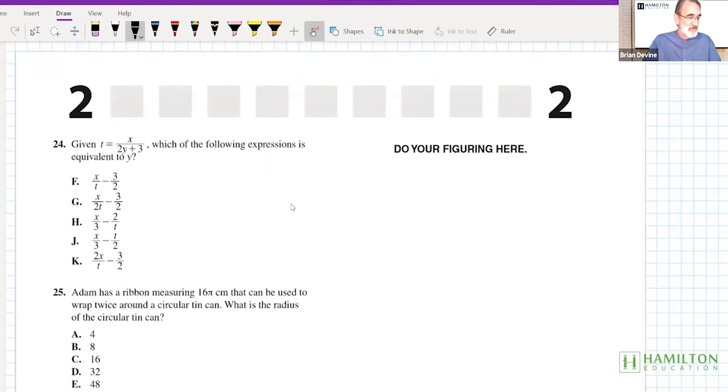For question number 24, given that t equals x over 2y plus 3, which of the following expressions is equivalent to y? Well, we could use algebra and rewrite this as 2y plus 3 equals x over t. I can multiply both sides by 2y plus 3 over t. And I can take 3 away and divide both sides by 2.